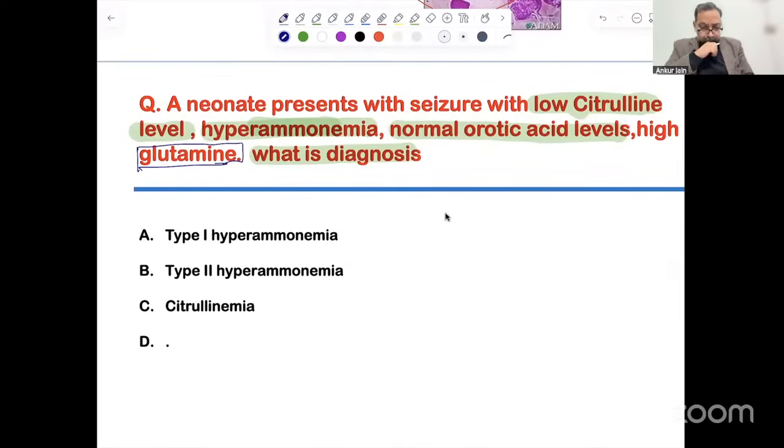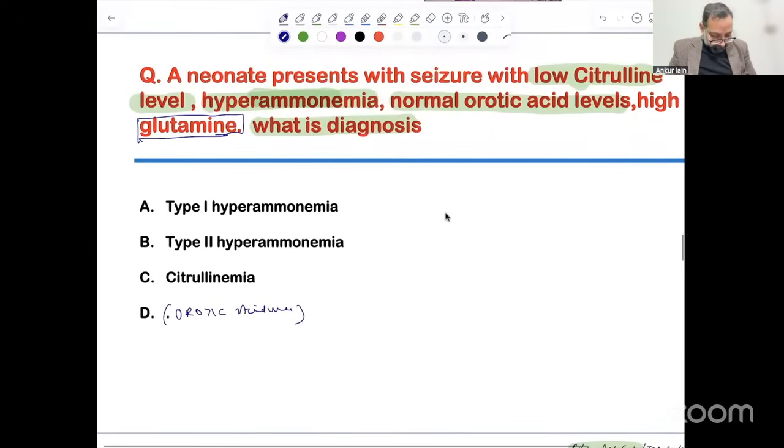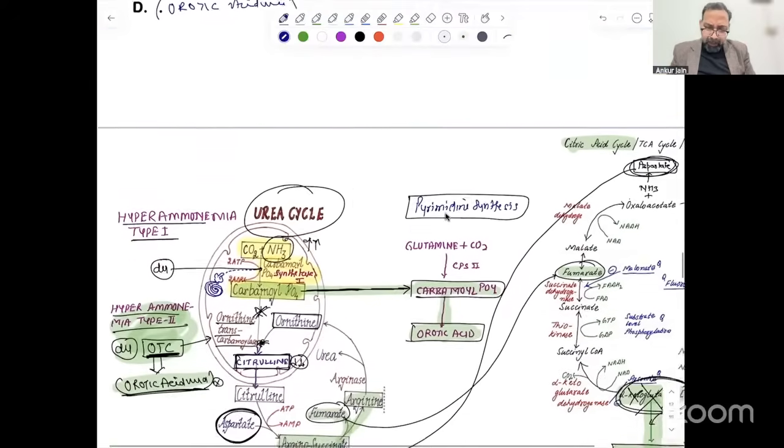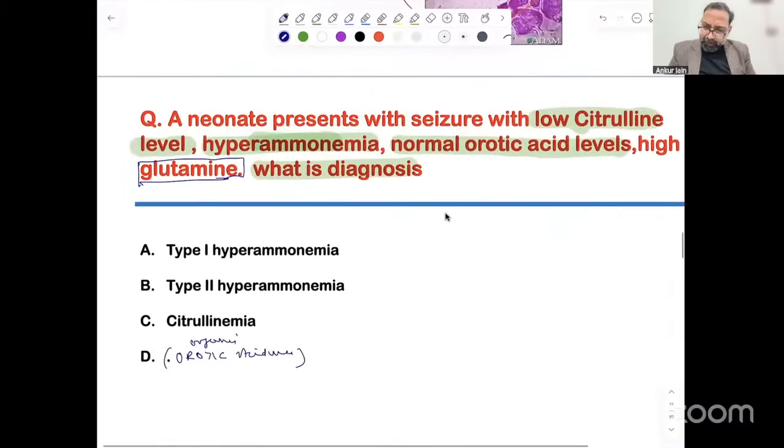Glutamine. Okay. Orotic acid urea. Not orotic acid urea, organic. Even then, this is a typical picture. In type 1 hyperammonemia, you can solve all the description by this.